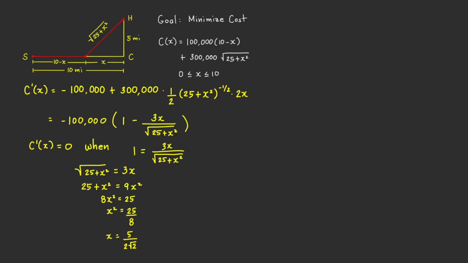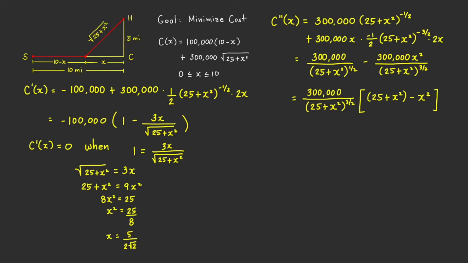If we're going to apply the second derivative test, we have to compute the second derivative of this function. The derivative of this one is equal to 0, and for the derivative of this second term, we use the derivative of a product. We think of this as a product of this expression times 300,000x, because 2 times 1 half is just 1.